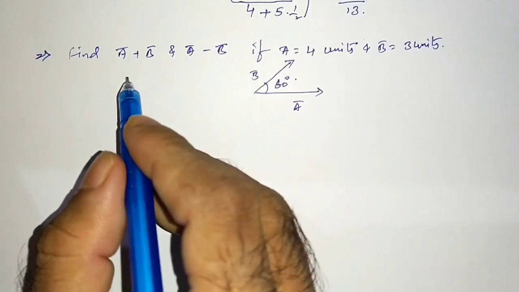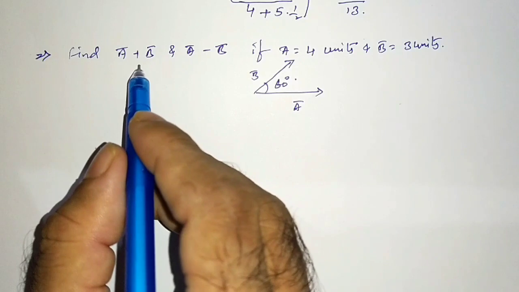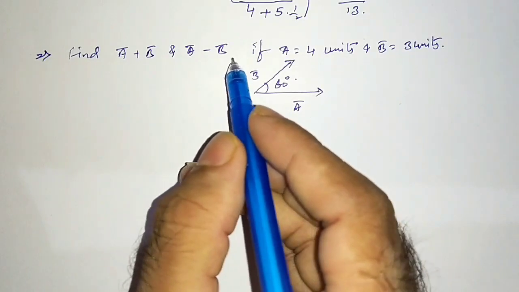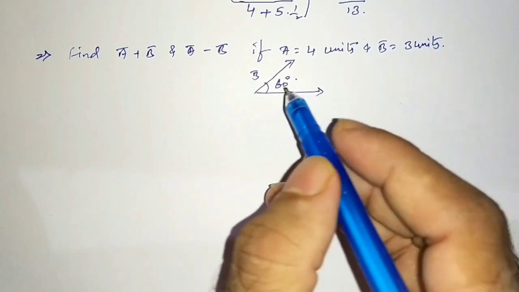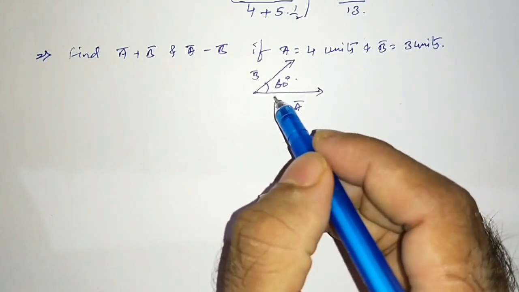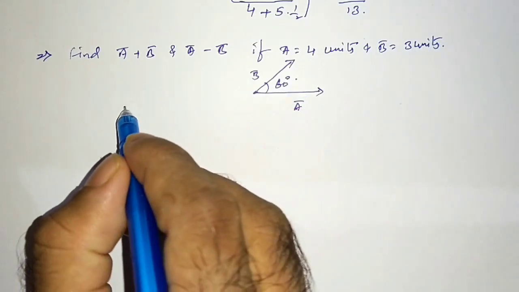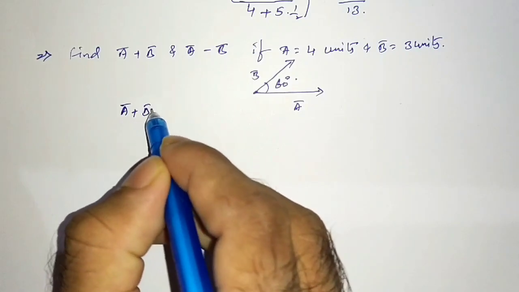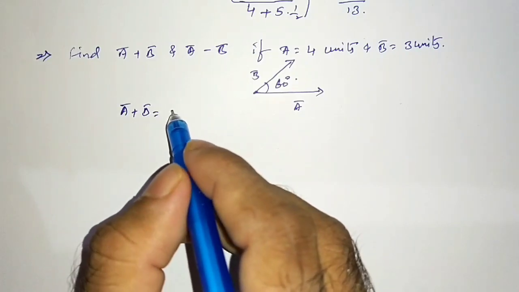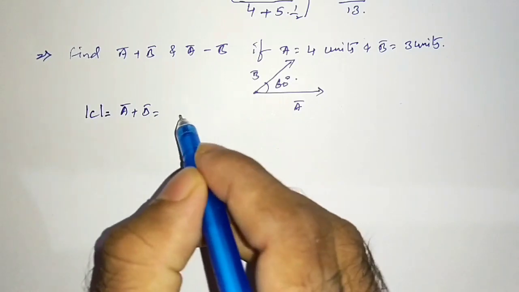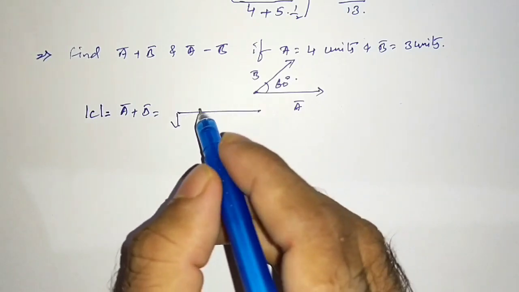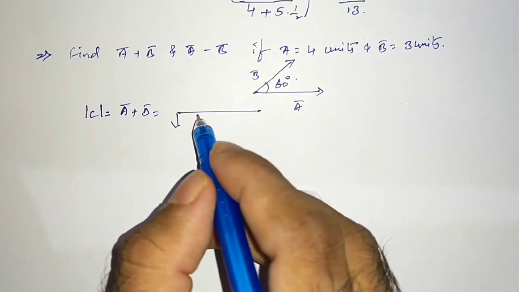Let us see another example. Here, find a plus b and a minus b if a is equal to 4 units and b is equal to 3 units, and the angle between them is 60 degrees. Now let us see a plus b. The magnitude of a plus b, let us take as c. What is the formula? Root over a square plus b square plus 2ab cos theta.